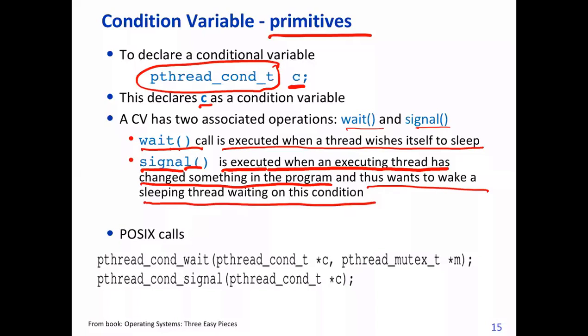So it's simple, right? When a thread doesn't find something favorable, it will sleep on the condition, and when the other thread completes that task, it will signal the sleeping thread to wake up.